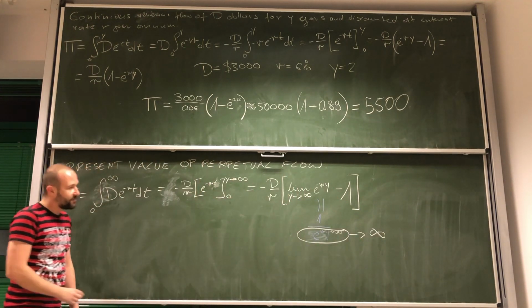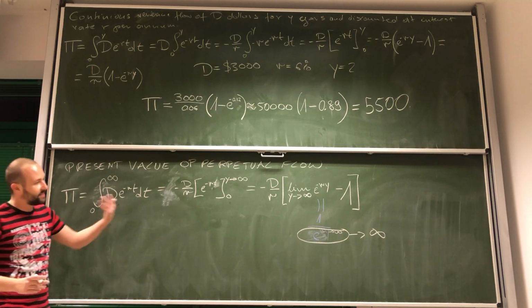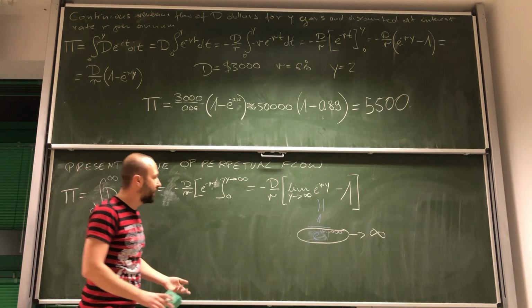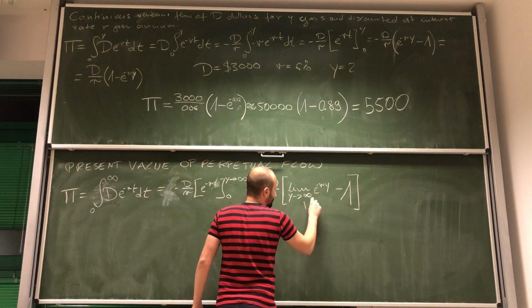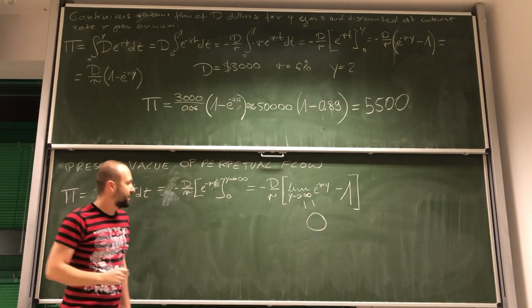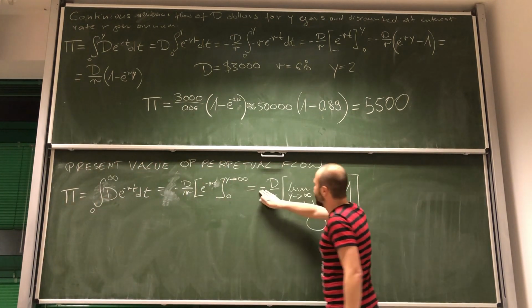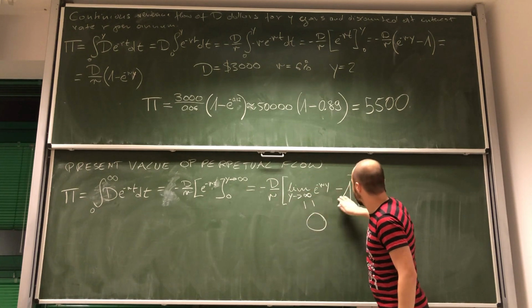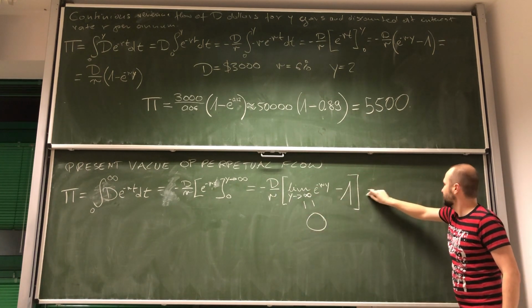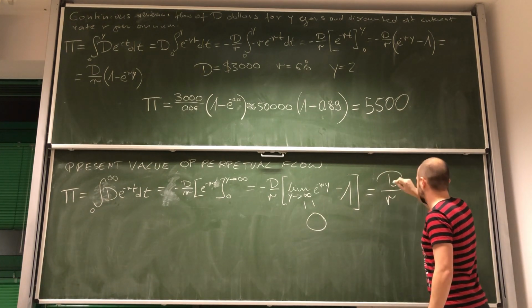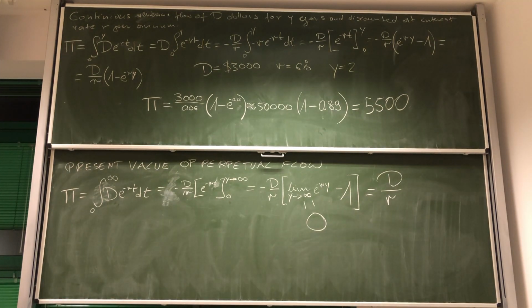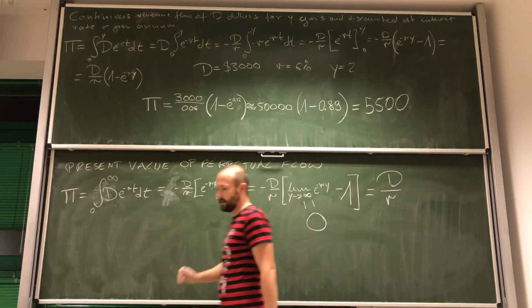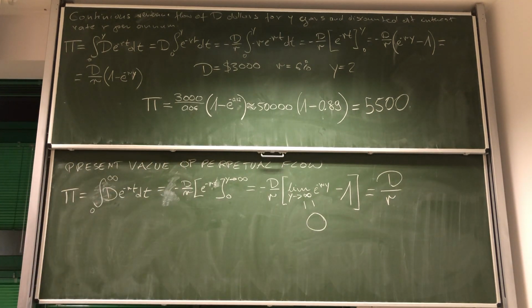And if we divide 1 by infinity, then this expression is clearly going closer and closer to 0. So we see that this limit is equal to 0. So we just got negative d over r times negative 1, which gives us d over r. And this formula allows us to find the value of the land we were talking about.